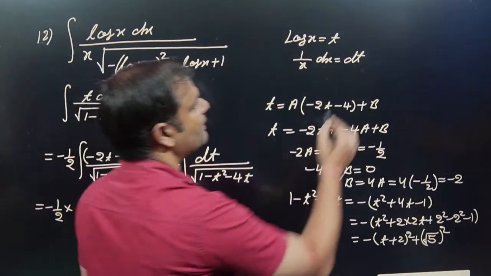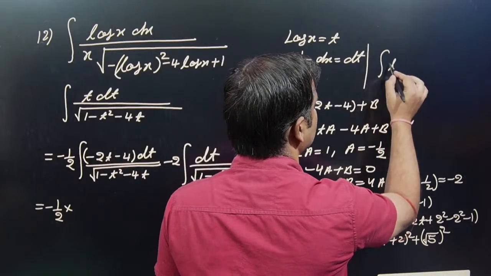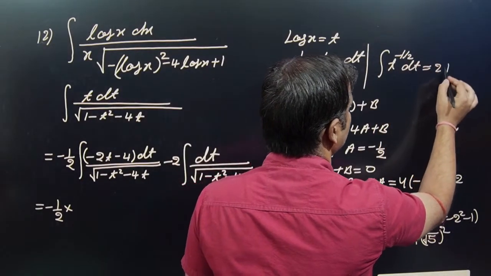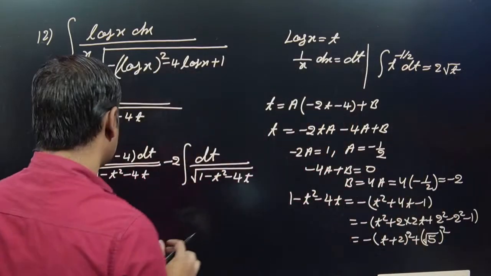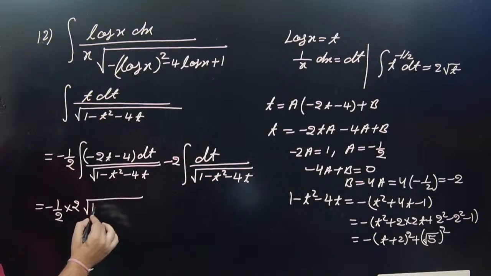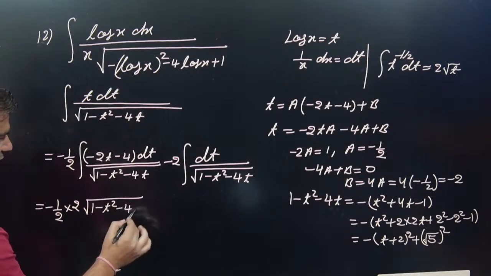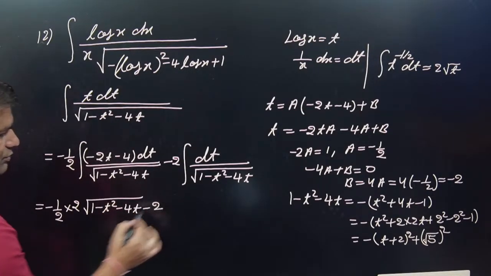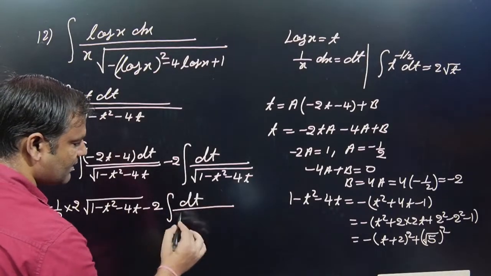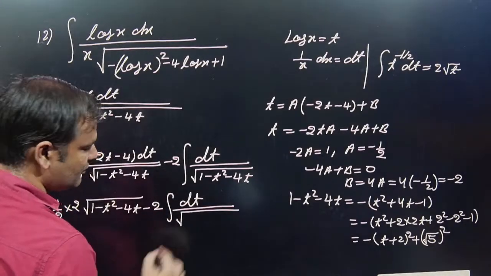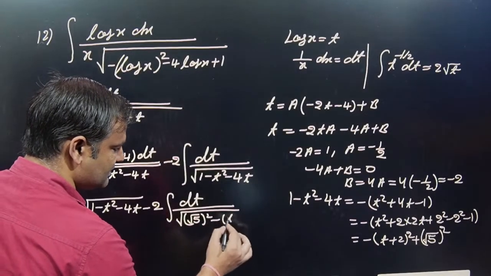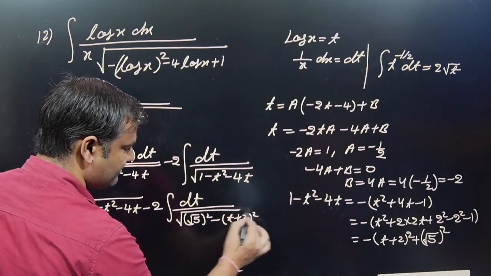Okay, t to power minus half dt is replaced by integration of t to power minus half dt. I have already discussed in a previous question, that is how much? 2 into root t. So that part is written as 2 into under root 1 minus t square minus 4t, and that one 2 into integration of dt divided by under root of root 5 to the whole square minus t plus 2 to the whole square.